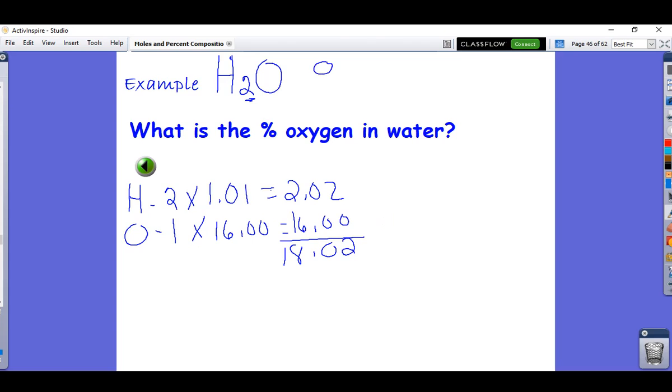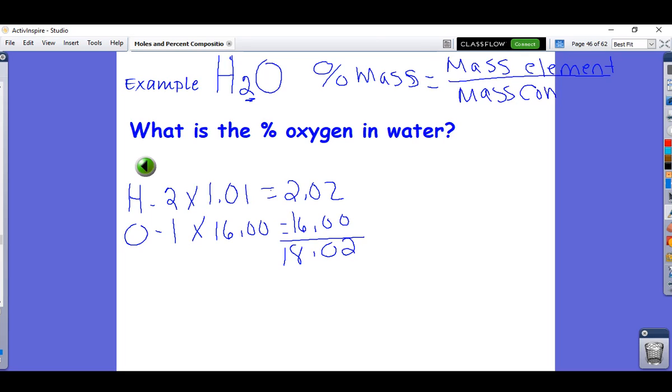So we want to know the percent mass. Percent mass equals the mass of your element over the mass of your compound, and then we're going to multiply that by 100.